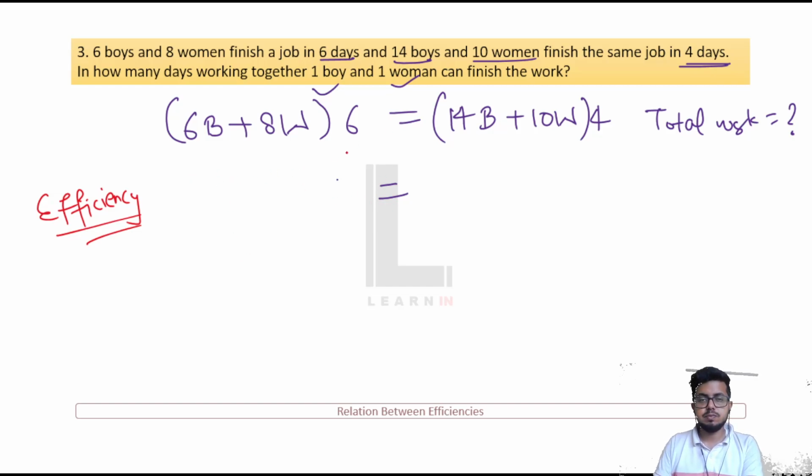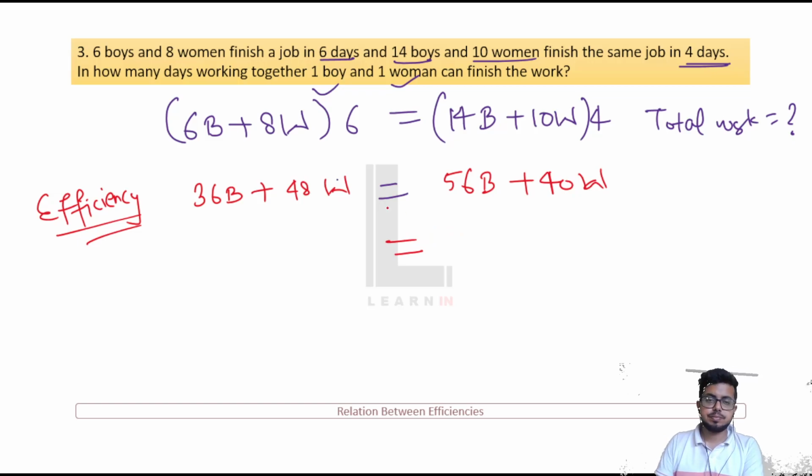So what can we do? We can take this as 36B and 48W. We can take the other as 14 into 4, that is 56B and 40W. Now let us just find 20B here.